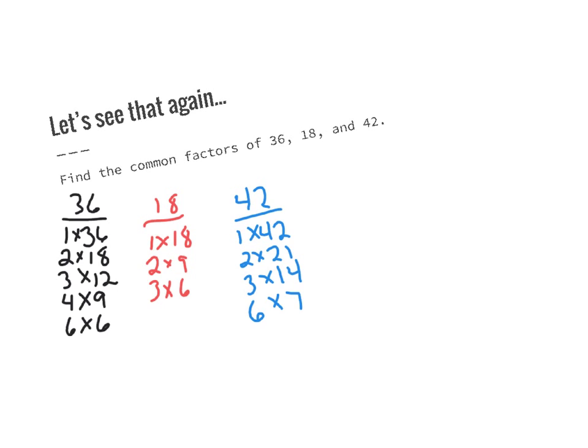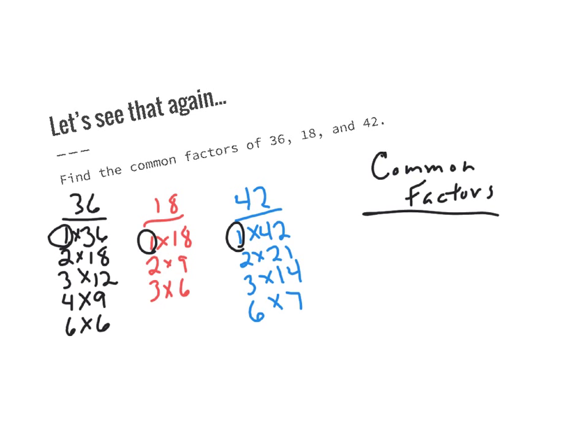Now it's time to search for what do they have in common. So I'm going to make a list out here of common factors. Okay, well, as I said earlier, everything will always have 1 in common, even if it's a prime number. Now, since 18 has the fewest factor pairs and fewest factors, I'm going to go from the 18 lists because when I run out of ones there, I don't need to compare anymore.